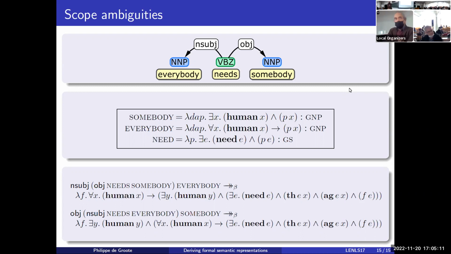Yeah, the fact that the treatment for verb phrases and noun phrases is different, and the fact that technically it would be possible to have something similar, is something we thought about.